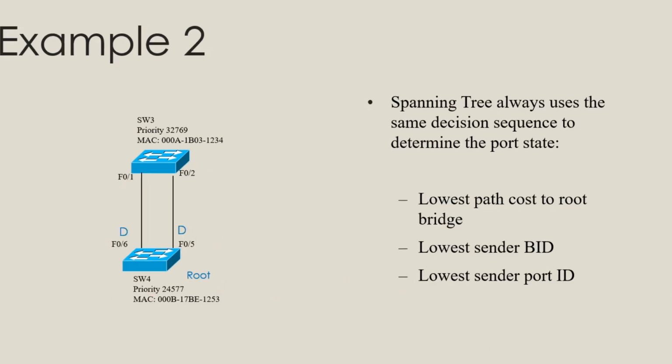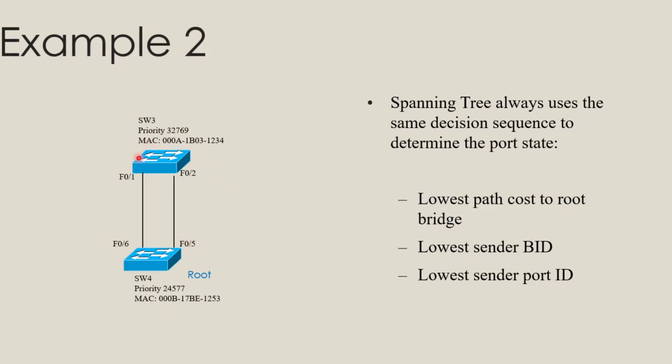So all the ports on the root bridge will be designated automatically. Designated means forwarding and receiving operational. After that, the non-root bridge will elect a root port.